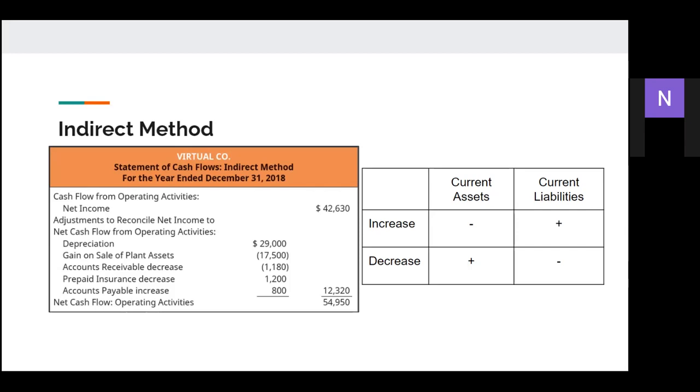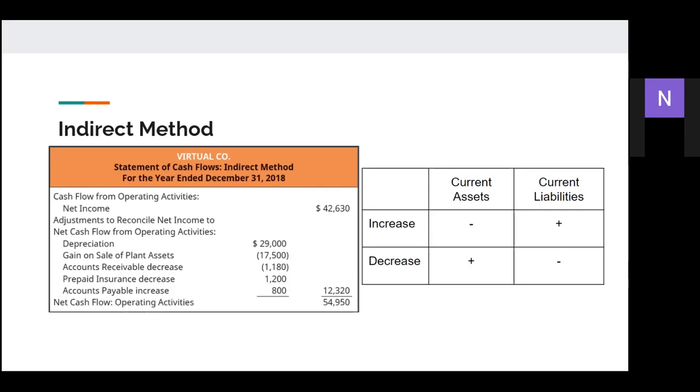Ina-add natin, di ba sabi nga natin ang cash flow, dito natin malalaman yung payments, yung galaw ng cash mismo, yung inflows and outflows ng cash.